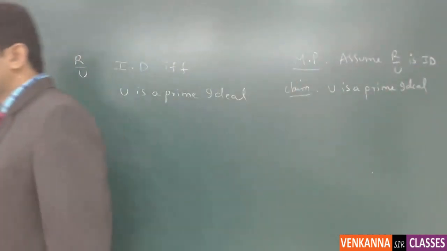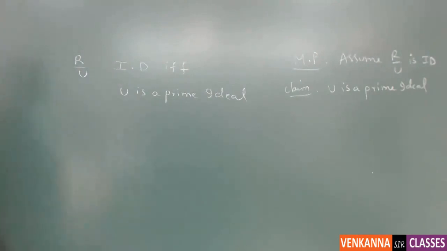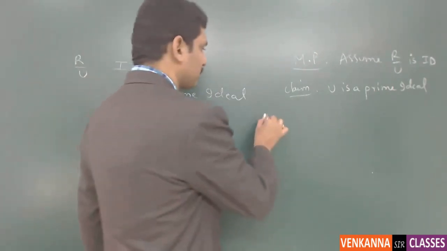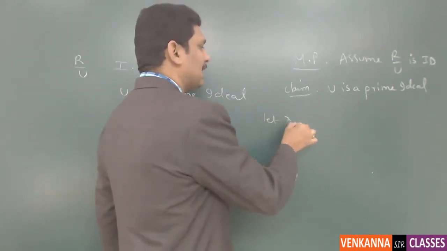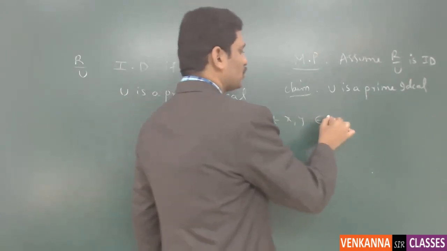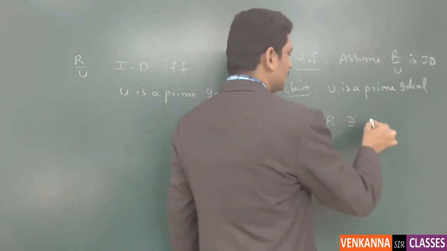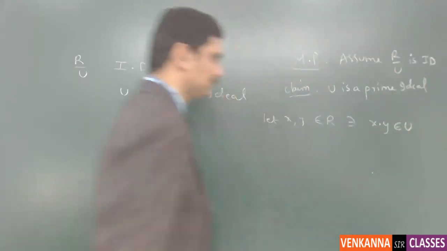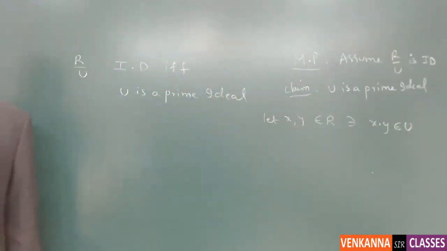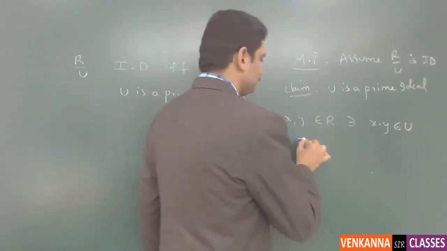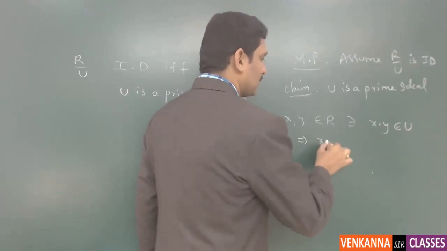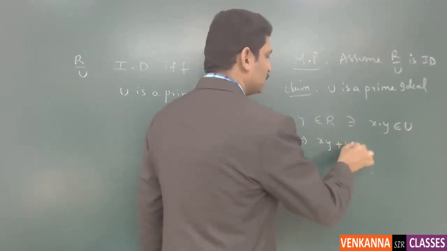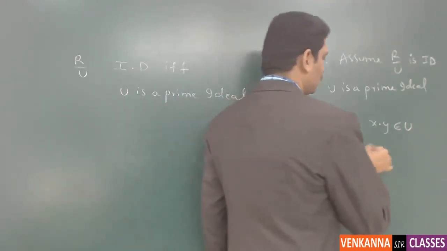If we go with the definition, you take two elements, let x and y belong to the ring such that the product xy belongs to the ideal U. So immediately you can say that xy plus U is equal to U.